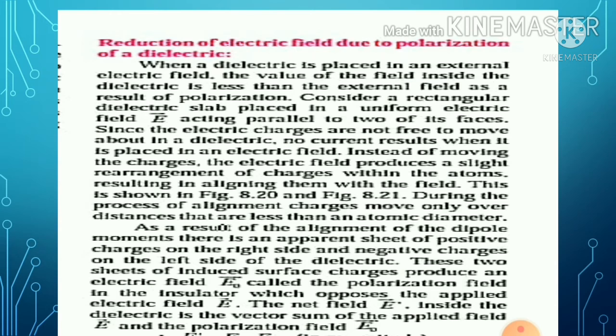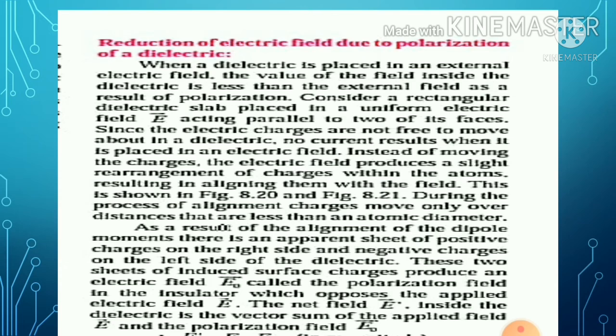That means the external electric field is greater than the internal electric field. So in this way polarization takes place.